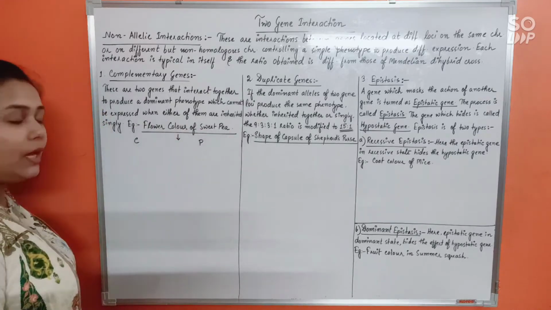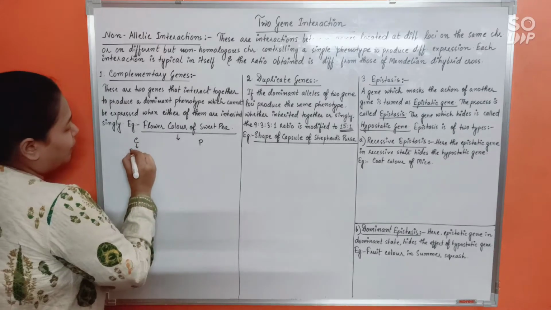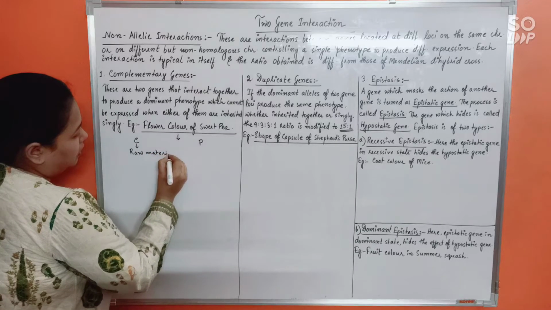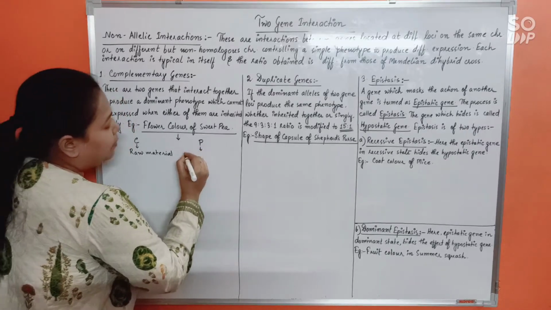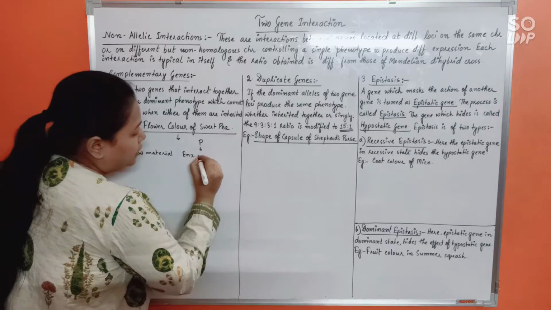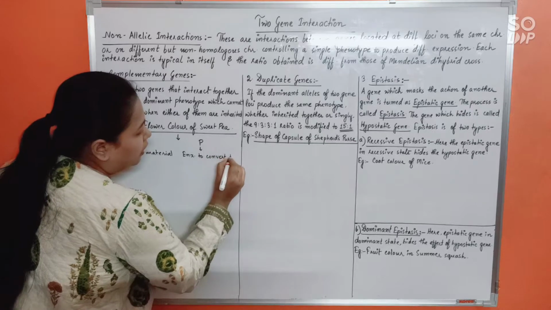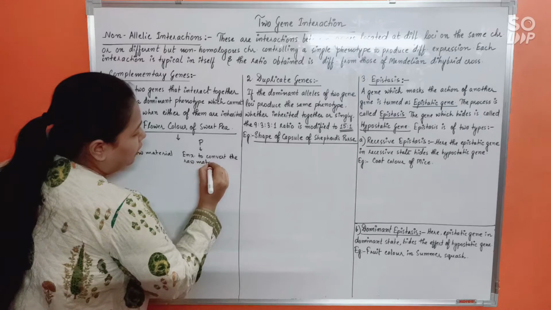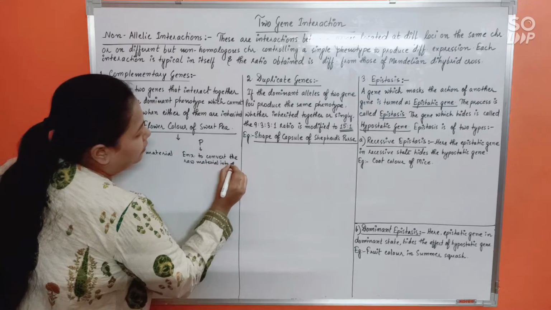Gene C produces the raw material for the color, and gene P produces an enzyme to convert the raw material into pigment.